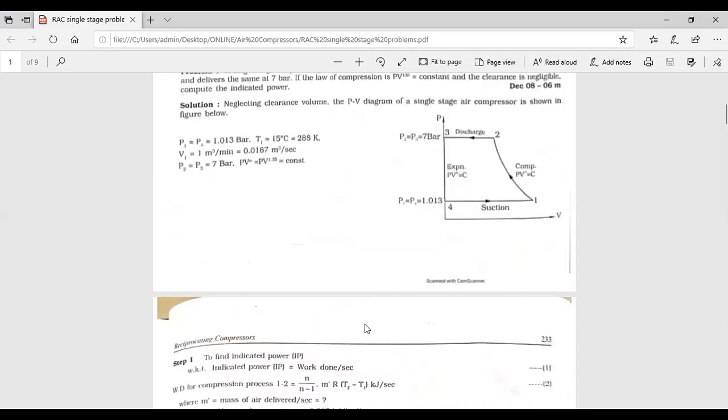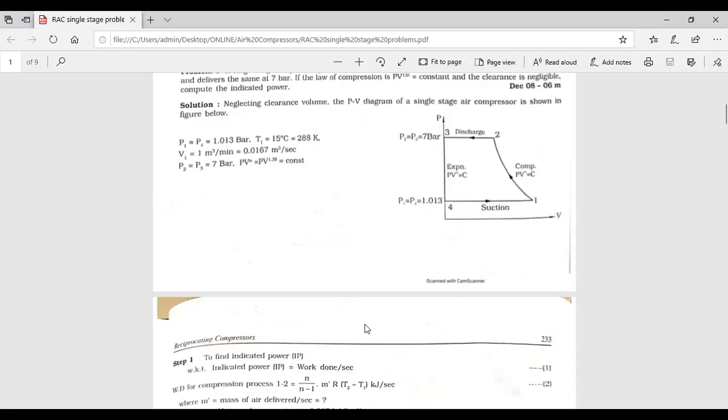If they are not giving R, you have to assume its value as 0.287 kilojoules per kg Kelvin. M we don't know, the mass of the gas, and T1 is given, 15 degrees Celsius in the problem. The unknowns are T2 and m.